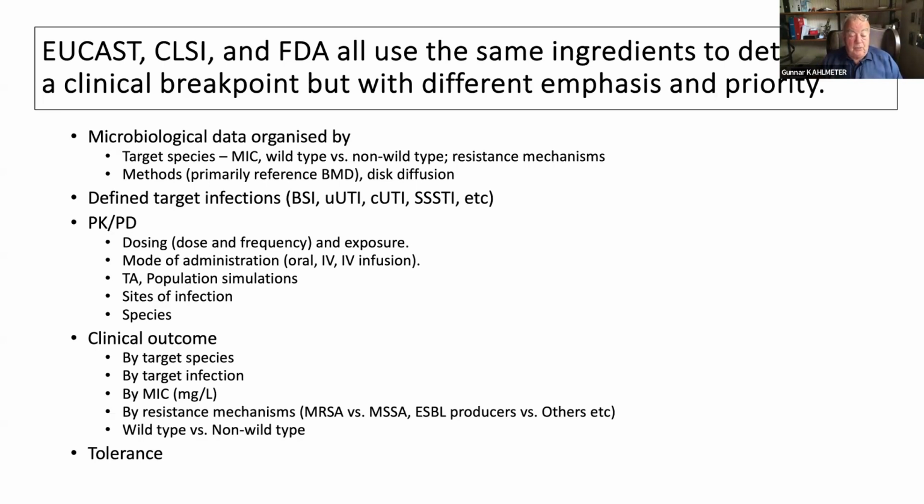Will this agent work for MRSA and MSSA? Will it work for ESBL producers versus those that do not produce ESBLs, etc.? And also, we like to evaluate clinical outcome by whether the agent is completely wild type without any resistance mechanisms, or whether it has 1 or 2 or 3 or very serious resistance mechanisms.